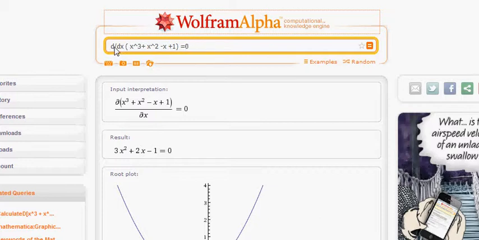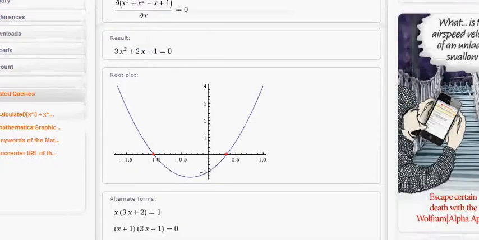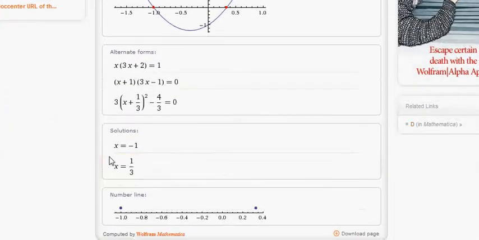Notice what I did: I typed d/dx of x cubed plus x squared minus x plus 1, and then I said equal to 0. Wolfram Alpha gave me the places where this was equal to 0, and I got that x is equal to negative 1 and x is equal to 1/3.